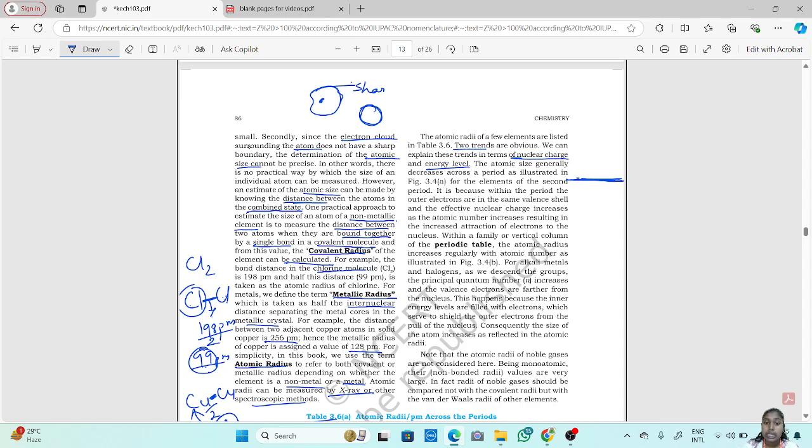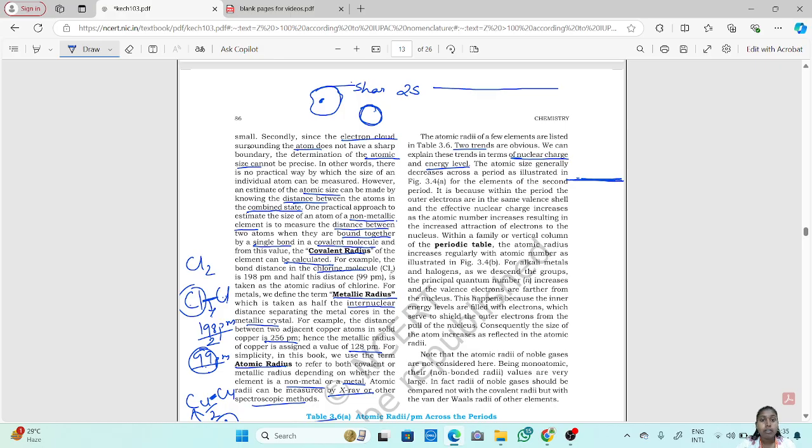It is because within the period the outer electrons are in the same valence shell, and the effective nuclear charge increases as the atomic number increases, resulting in increased attraction of electrons to the nucleus. Why is there a decrease in atomic size? Along the period you are not adding extra shells.